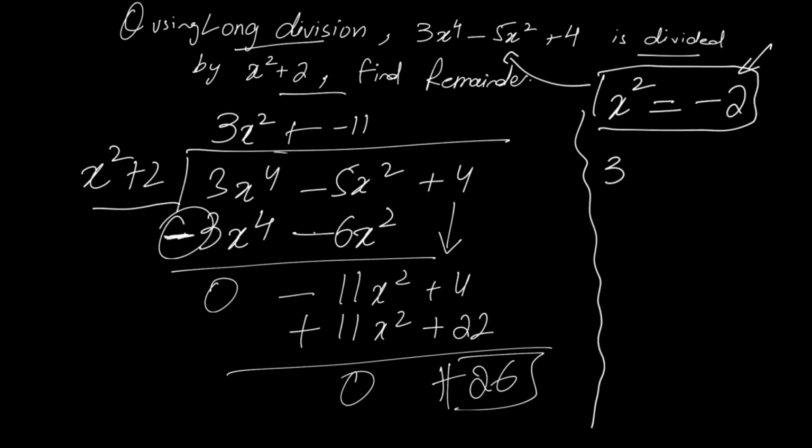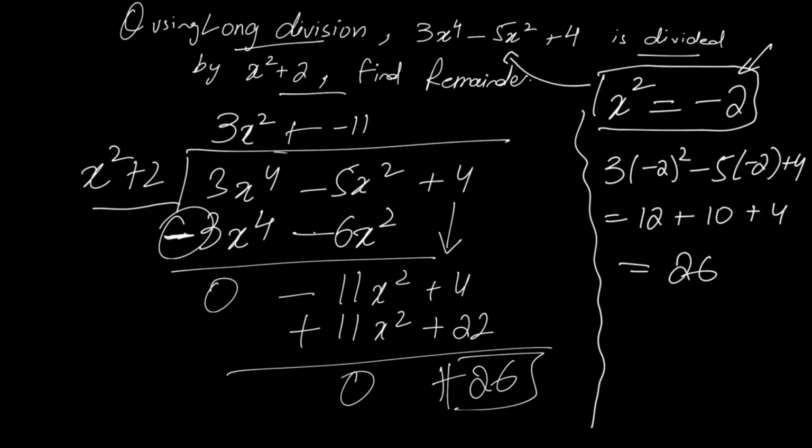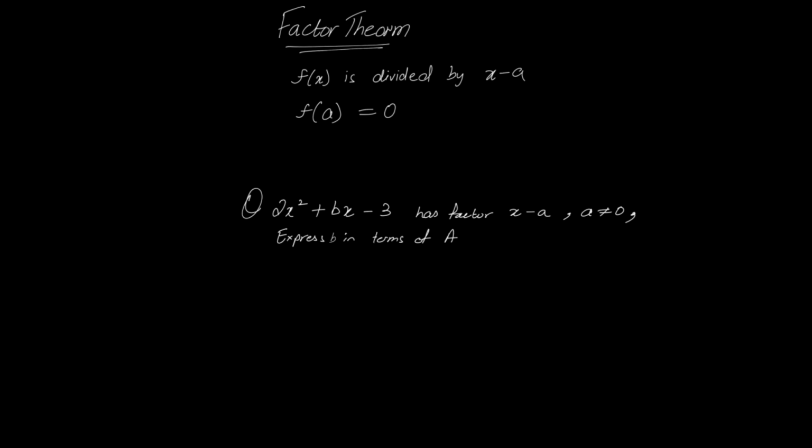So 3x squared, that means 3 into minus 2 squared, minus 5 into minus 2, plus 4. This will give us minus 12, this will give us plus 10, and this will give us 4, which again makes 26, equal to this.